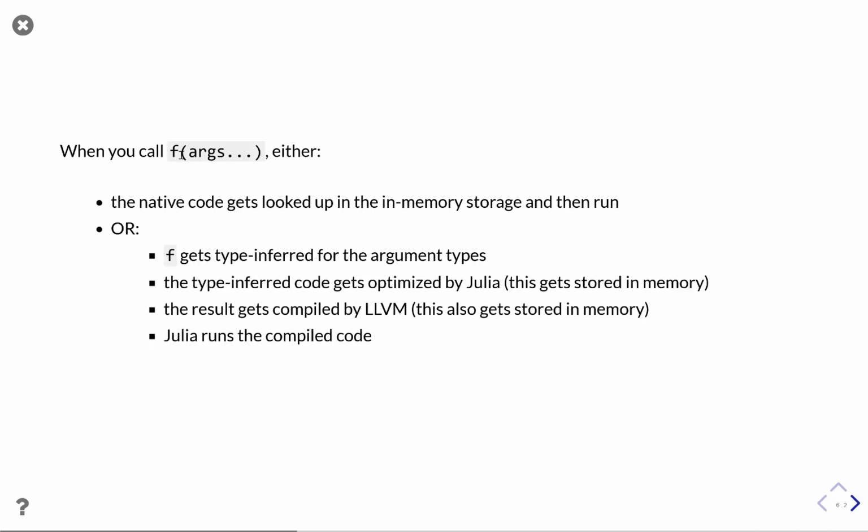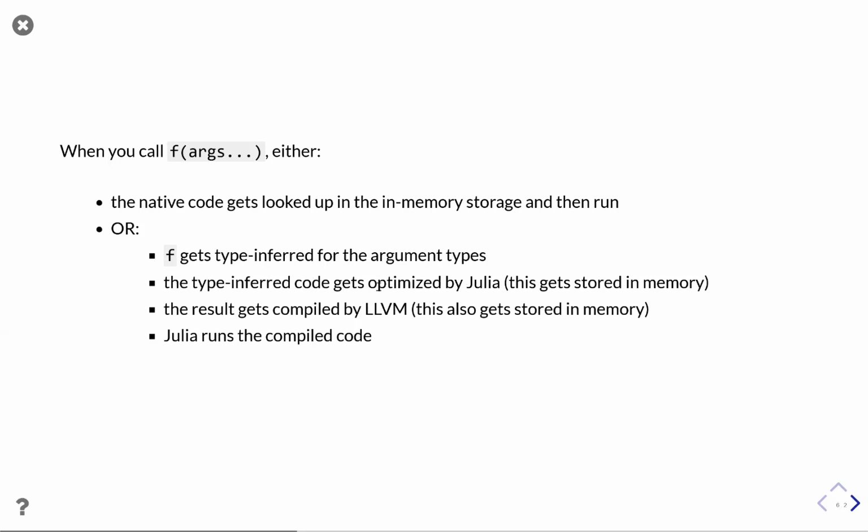So if you call a function with specific arguments, the first step is, if possible, the native code gets looked up in memory and then run, so that it doesn't have to spend any additional time processing this. But if it's never compiled a version of this function f for these specific argument types, then it undergoes this process of type inference. Cthulhu is showing you the results of type inference for all the different argument types.